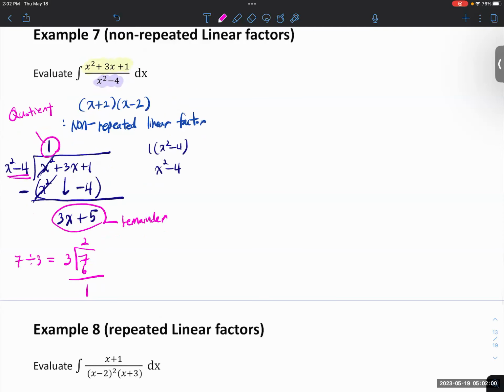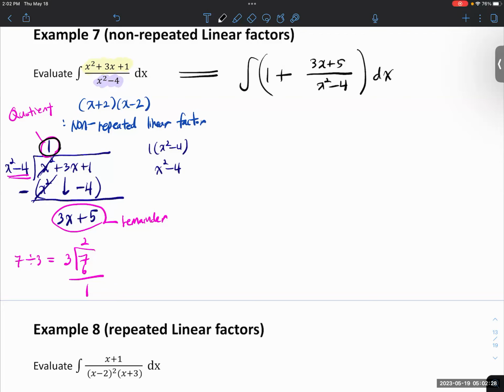So there's a remainder in this fraction, so we can rewrite it. This is the same as the quotient plus the remainder, 3x plus 5, over the divisor, right? That's how you write down the form. That's your partial fraction, kind of, so far.